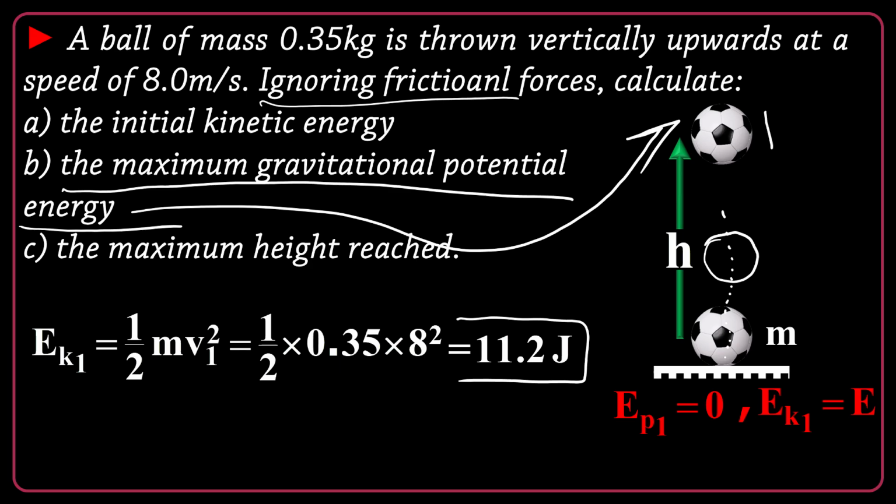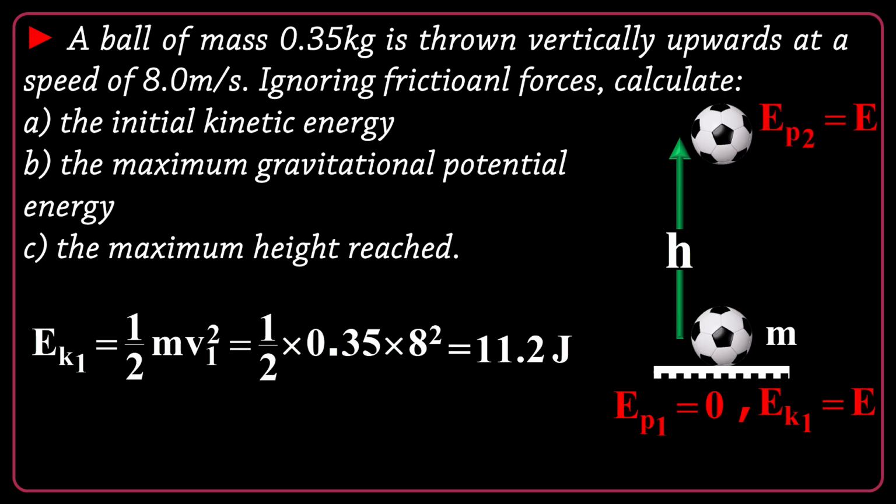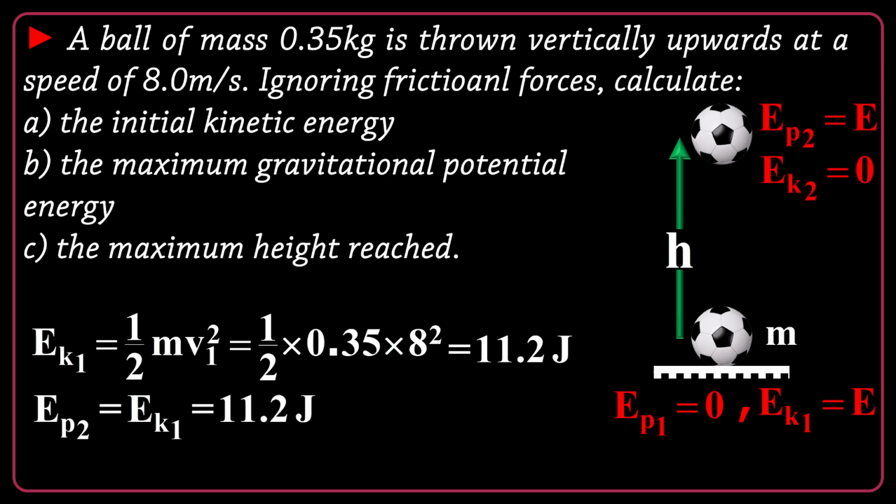At the top, mechanical energy is just potential energy. So maximum gravitational potential energy is 11.2 again. No need for any calculation. The maximum height, it's very easy. We can put the kinetic energy here equal to the potential energy here to find the height.